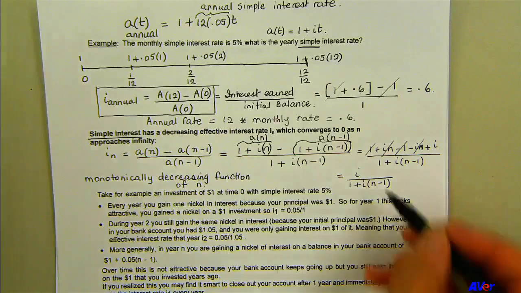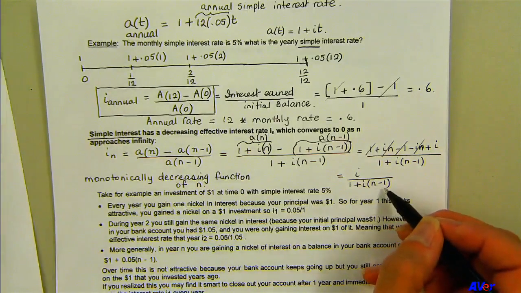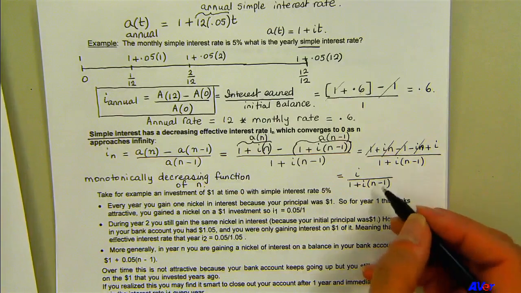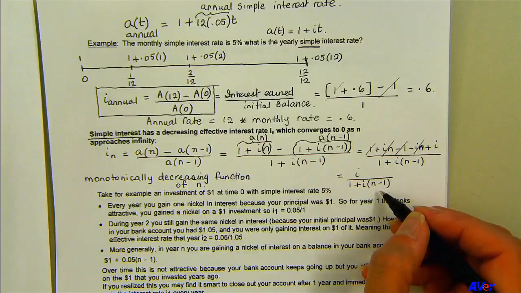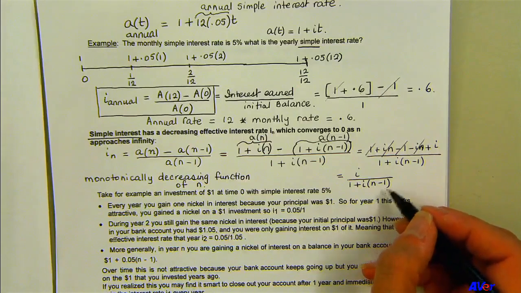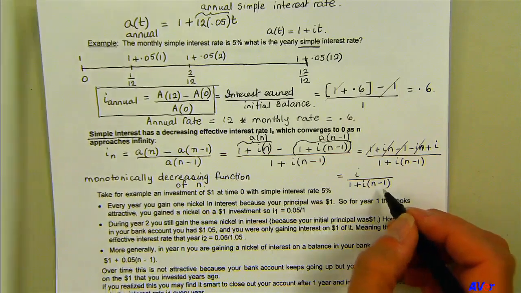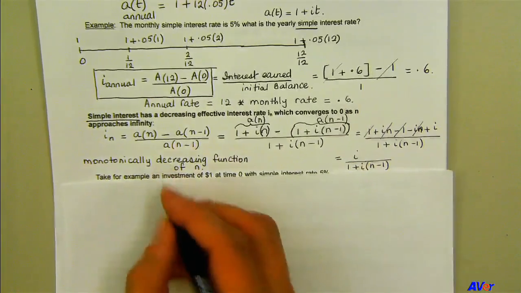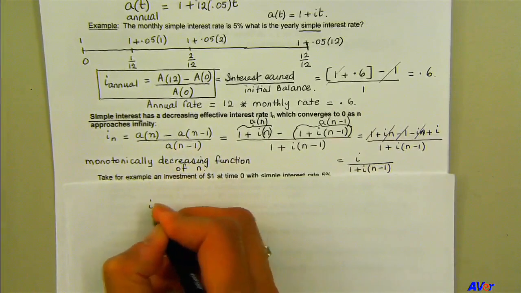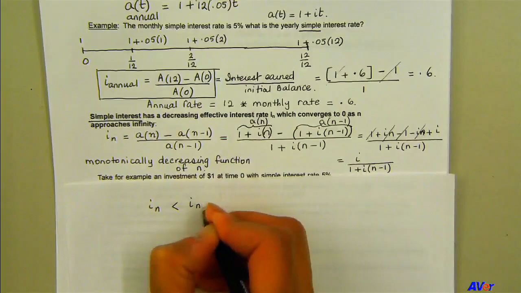Okay, so I would like to show that this is a decreasing function of n. How do we show that this is a monotonically decreasing function of n? Basically, I need to show that I of n is less than I of n minus 1.